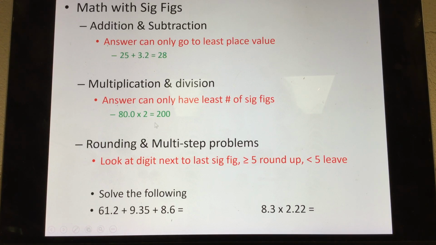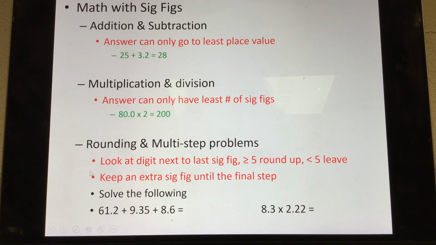Okay, so like I said, up here with the 160, because we can only have one sig fig, and the 6 is greater than 5, that's why we rounded up to 200. If it were 70.0 times 2, that would obviously equal 140. With only one sig fig, we would round down to 100.